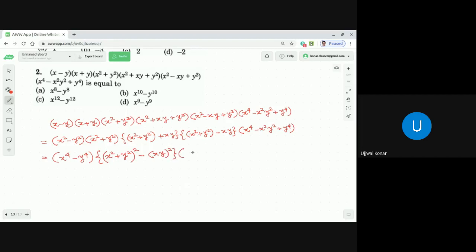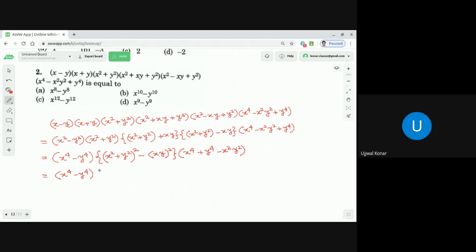And then whatever we get here, let it keep as it is: x power 4 plus y power 4, x power 4 plus y power 4 minus x square into y square. So now, dear students, what are we going to get? We are writing as it is x power 4 minus y power 4, then x square plus y square whole square.